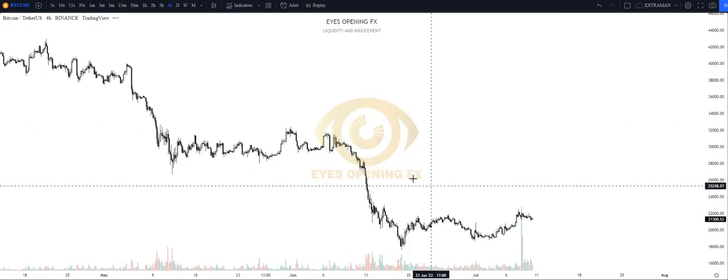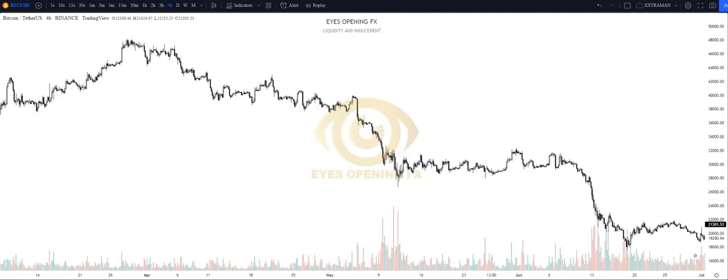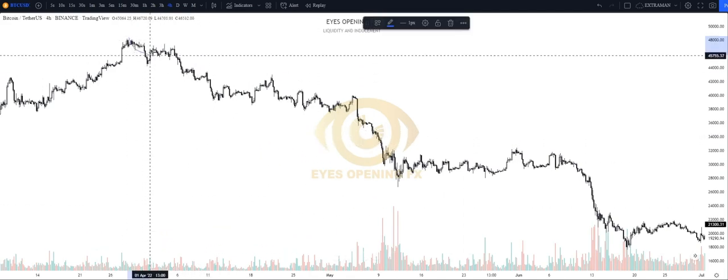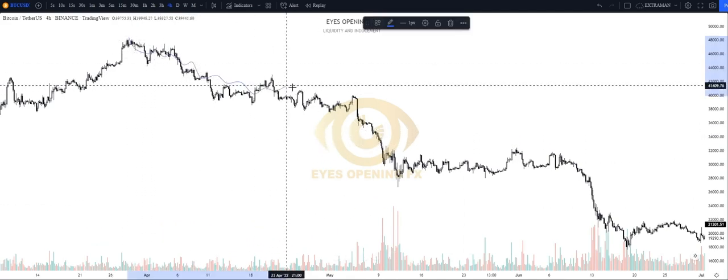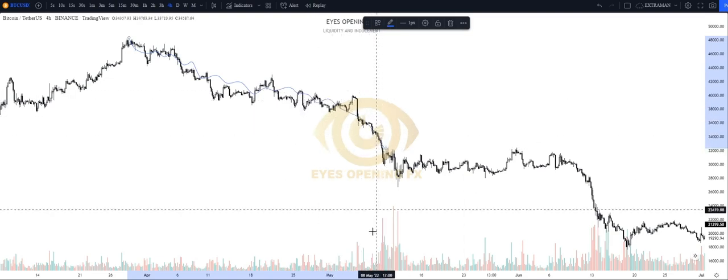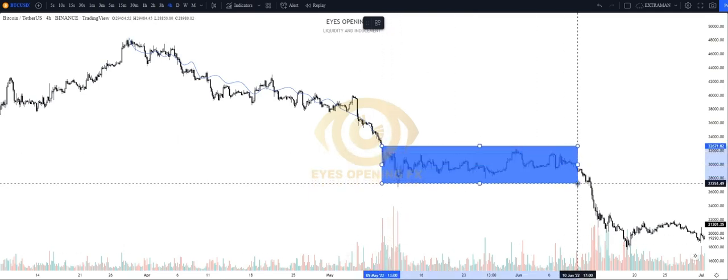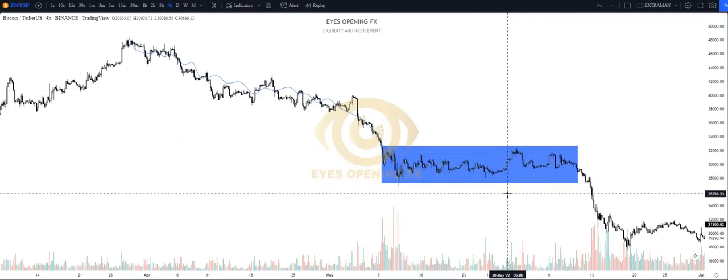Now if you go a little bit lower, look at this. The market was trending to the downside until it got into this range. As it got into this range, it was stuck in this range for a very long time.